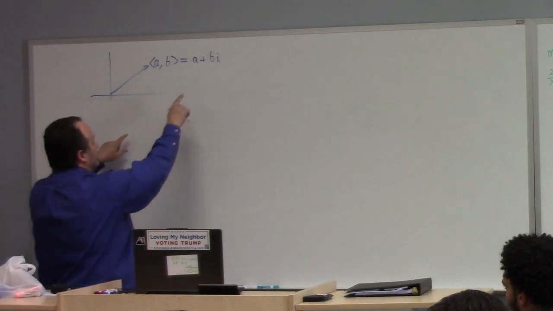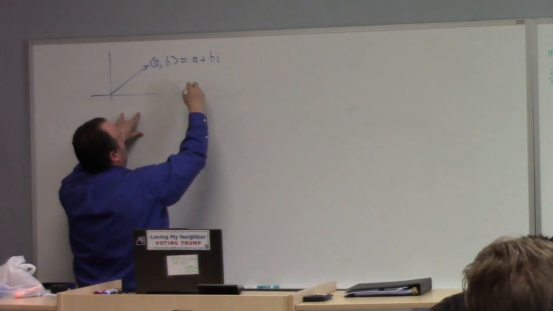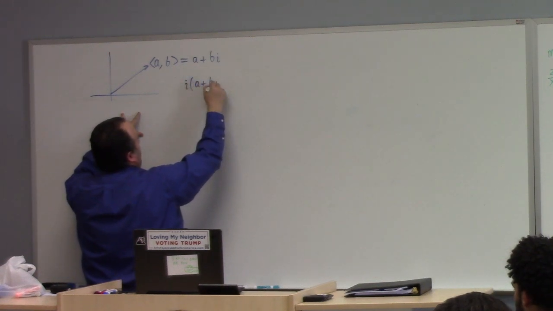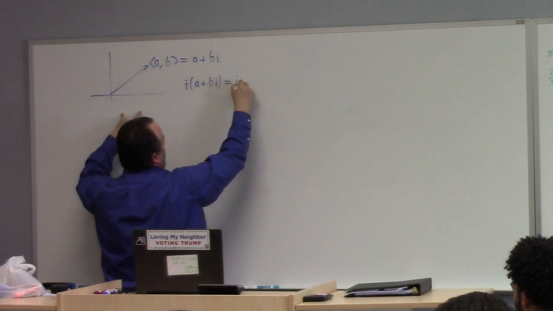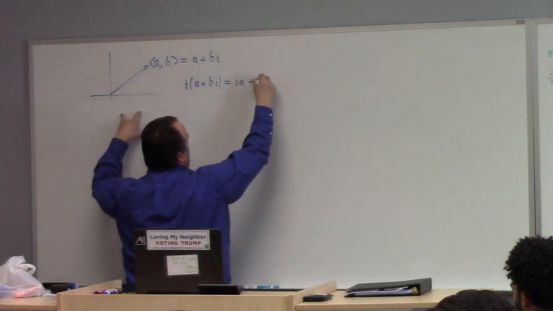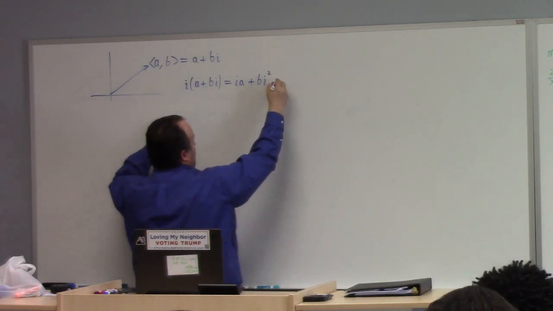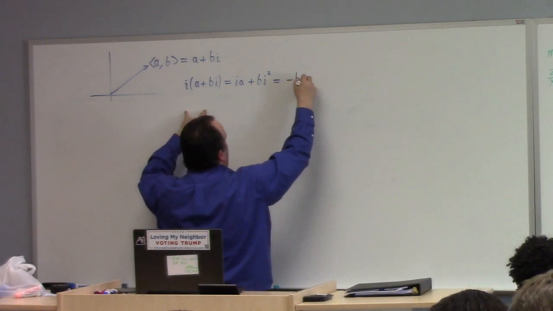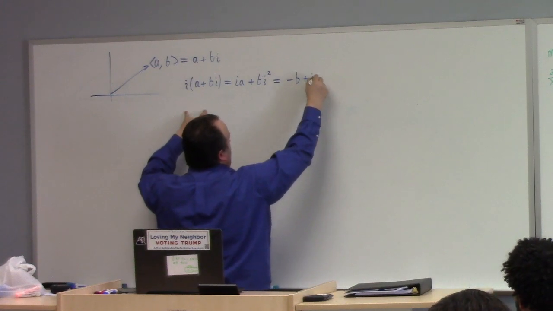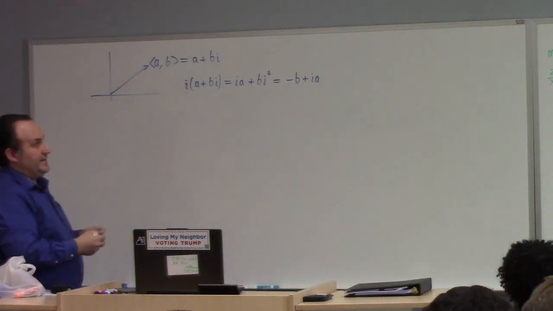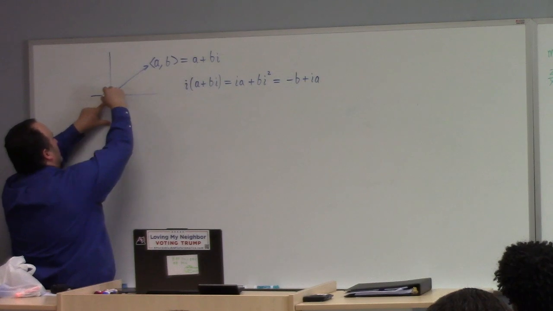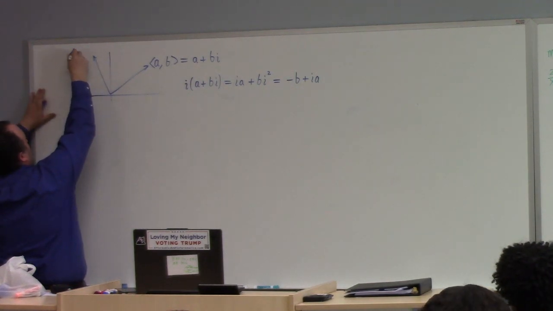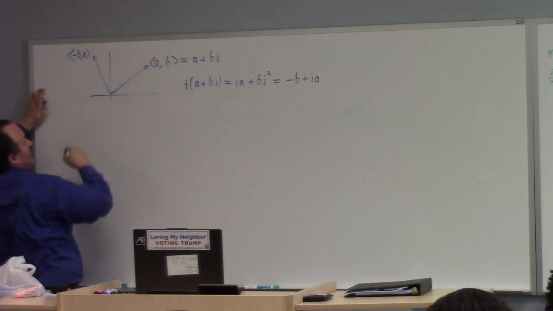If I take this two-dimensional vector and multiply it by i, what do I get? I get ia plus b times i squared. Now i squared is minus 1, because i is the square root of minus 1. Its square is minus 1. So this gives me minus b plus ia. Where is that graphically? That is over here: the vector minus b comma a.